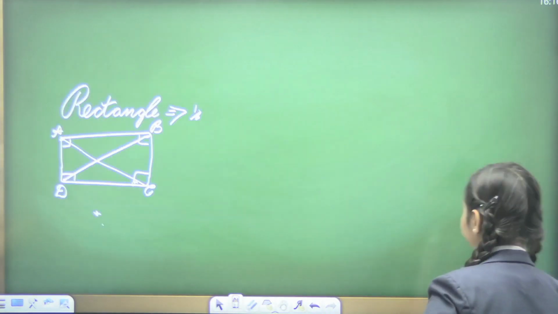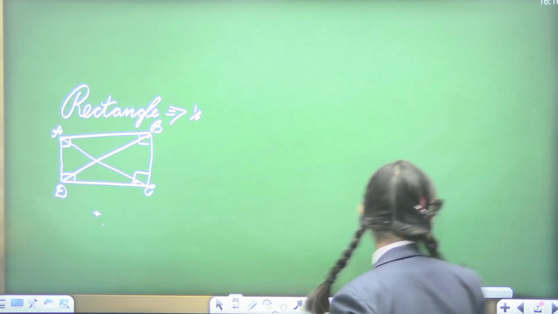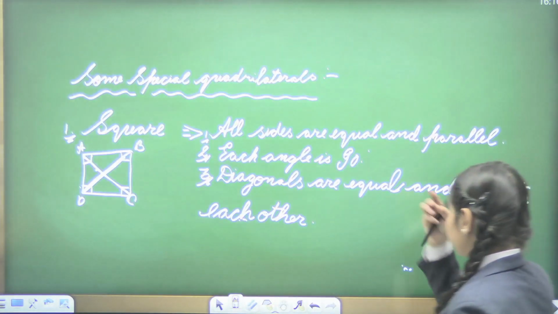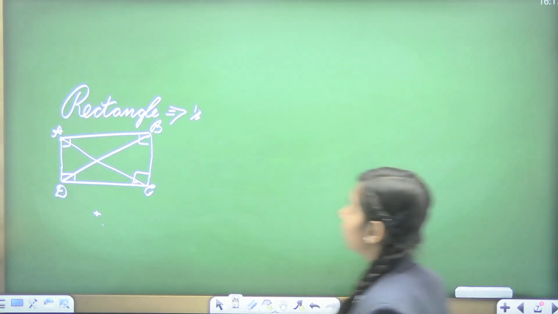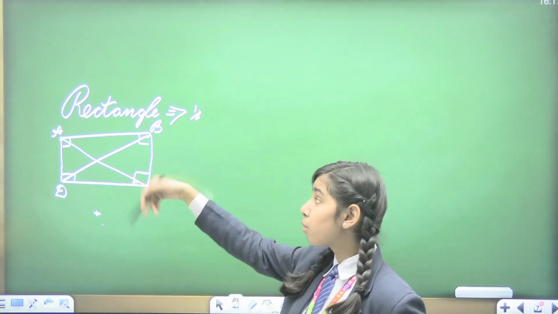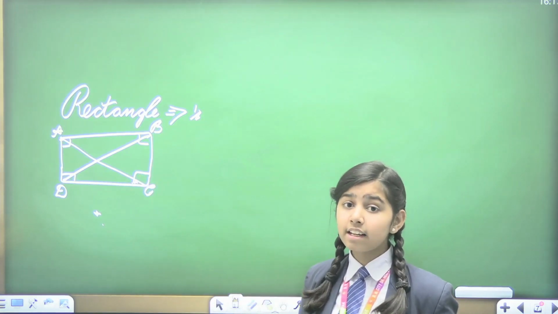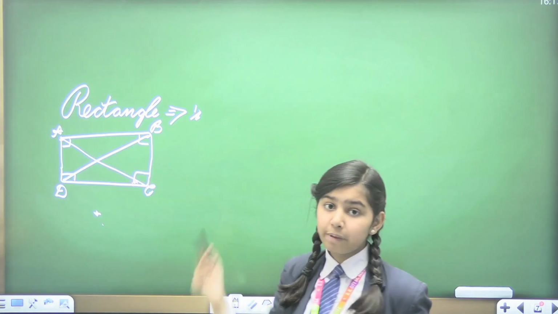So it matches a property. And then all sides are equal and parallel in a square, but as we can see, in a rectangle the opposite sides are equal and they are also parallel.